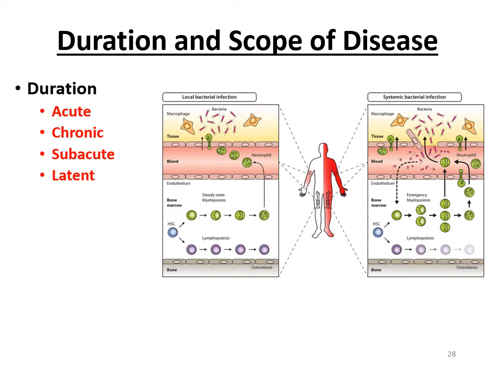You then have infections that are subacute, and these are rarer to hear. Subacute infections are basically an intermediate between acute and chronic. They'll develop slowly the way a chronic illness would, but they can kill very quickly the way an acute, very quick, short illness would.